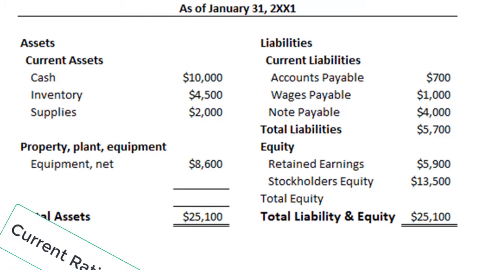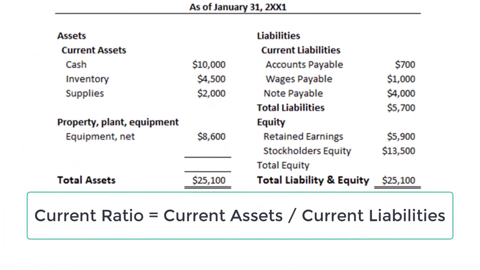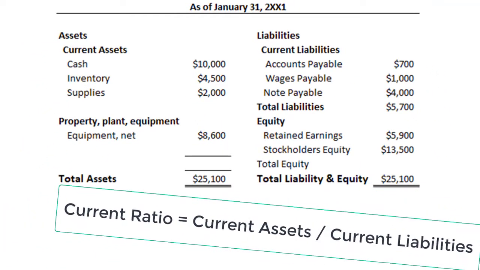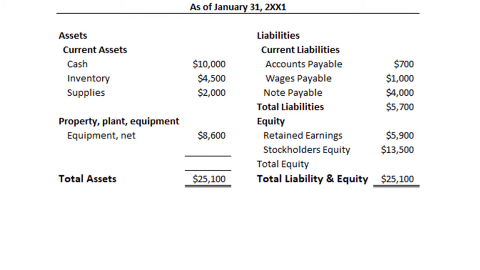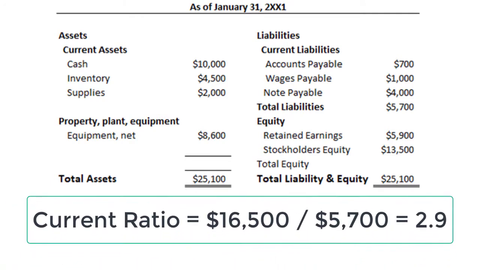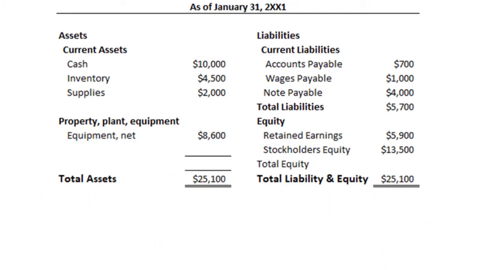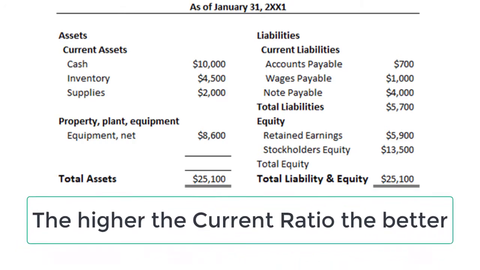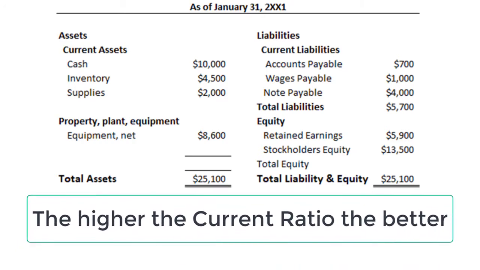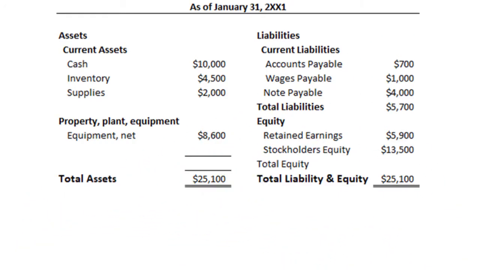The current ratio is derived by taking the current assets divided by the current liabilities. Current assets are resources that will be available to the business within a year. Current liabilities are obligations that are due within a year. The higher the current ratio, the lower the risk the business won't be able to make payments. Typically, it's good to see the current ratio above 1.